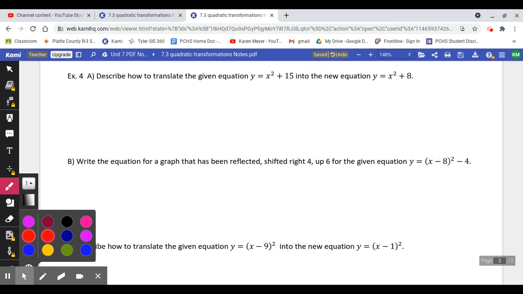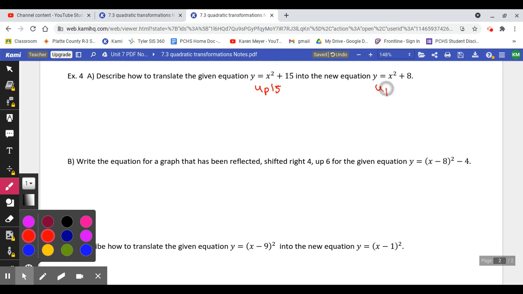Now our next example, this is the one where you're either describing it or you're writing the new equation. So this one we're going to describe. And we're given the equation y equals x squared plus 15, and the new equation, y equals x squared plus 8. So my original one, that means up 15.